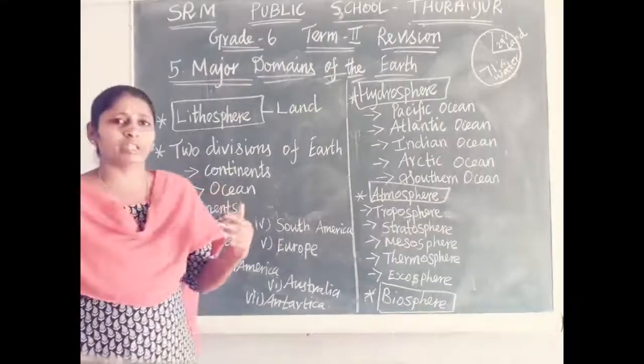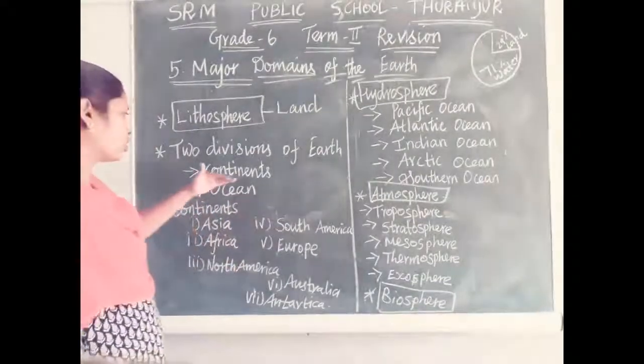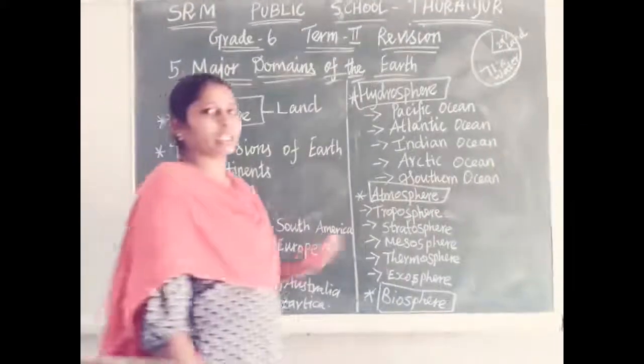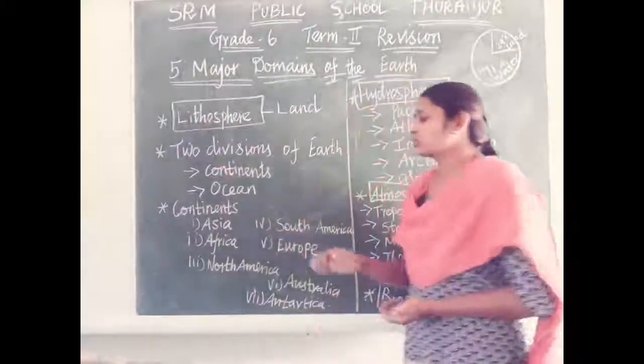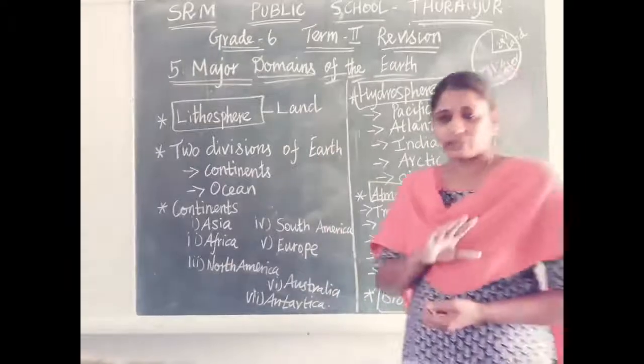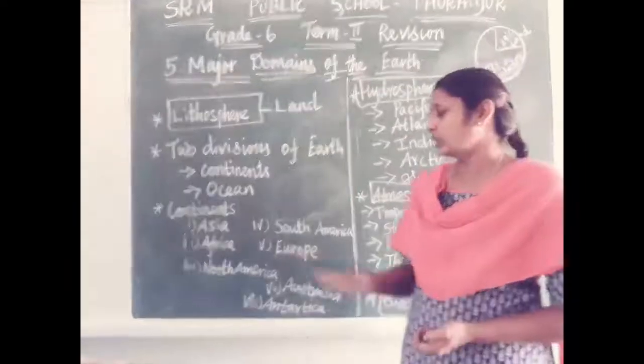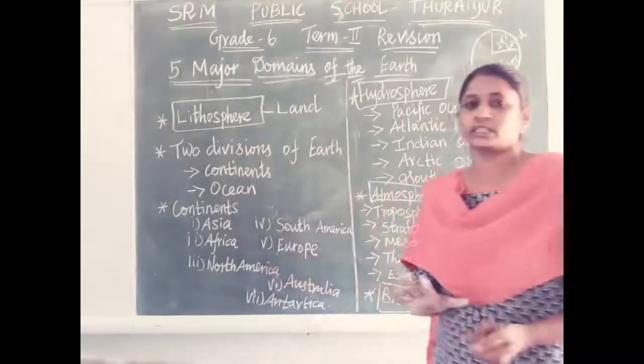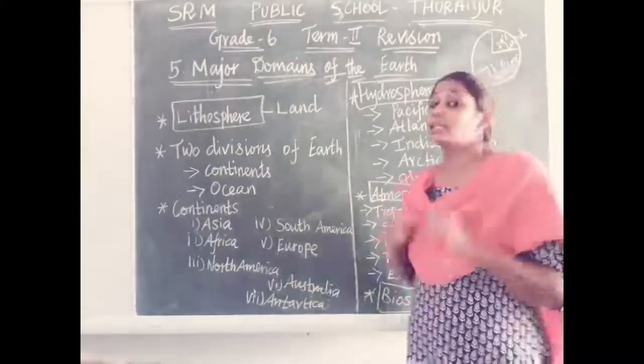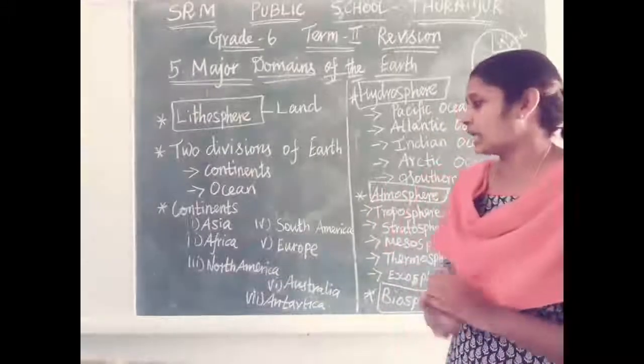In this lithosphere, we have continents. The land where people live is called a continent. So we have 7 continents in our world.